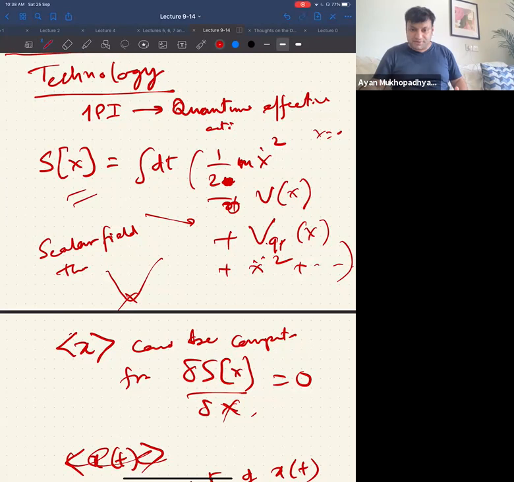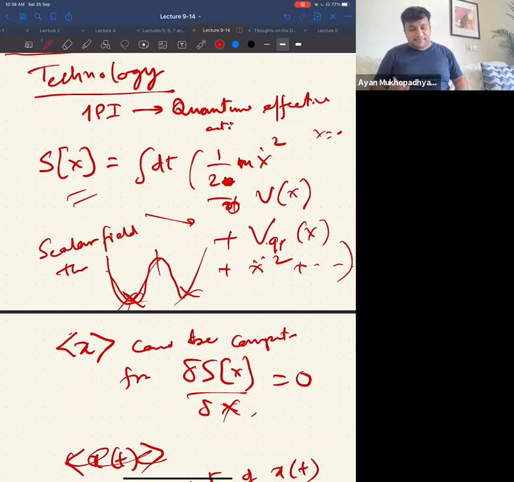You will be at the minimum of the actual quantum potential, right? And that is also expected. Suppose you have a double well potential of this kind, you don't expect that the particle will be either here or here because of tunneling. It will actually be here in the quantum theory.